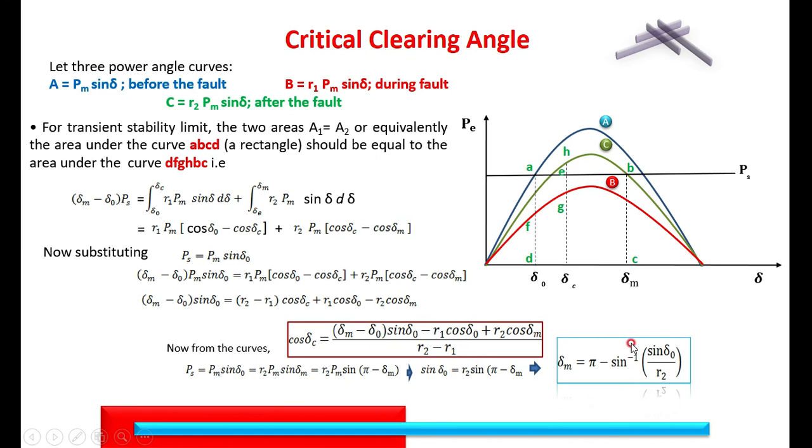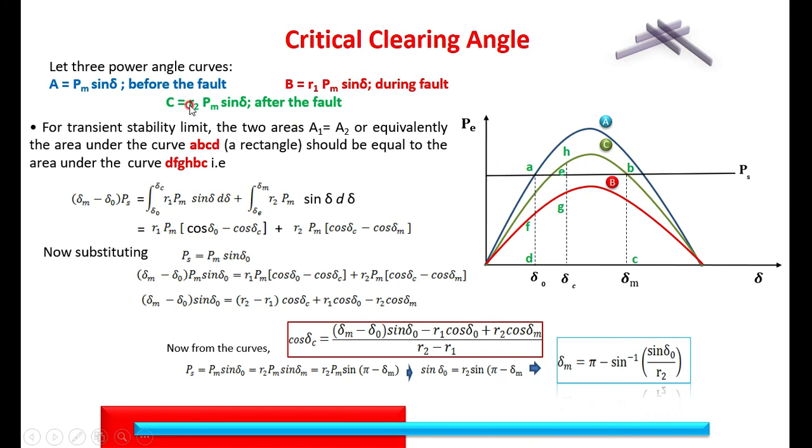Then how do we find the value of delta M? You can look here at this particular point A, that is equal to Ps, which is also equal to Pm sin delta naught, corresponding to point A. You can see the curve C here, and that is point B. At point B, what is your output?